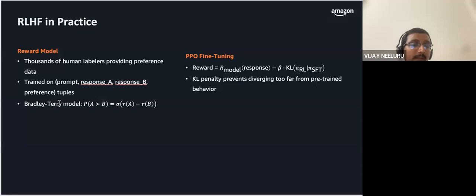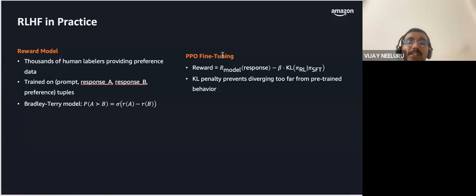The reward model predicts scores, defined as R of response A and R of response B. Then we apply the Bradley-Terry model to give the probability of the comparison, which is the probability of A being greater than B. Then we define the loss function that maximizes the likelihood of the human preferences. This pushes the reward model to give higher scores to human-preferred responses.